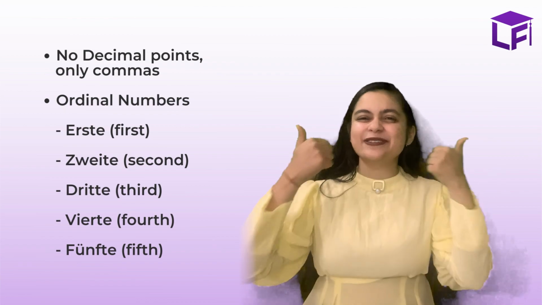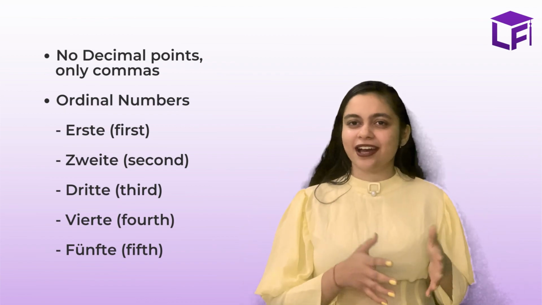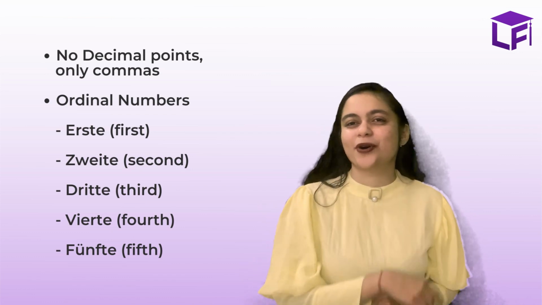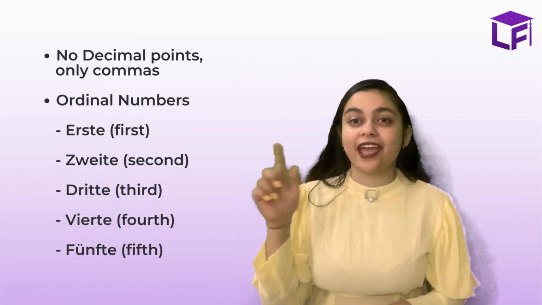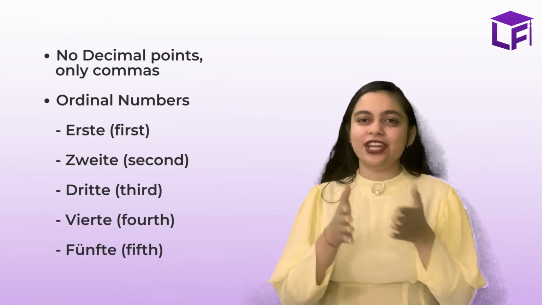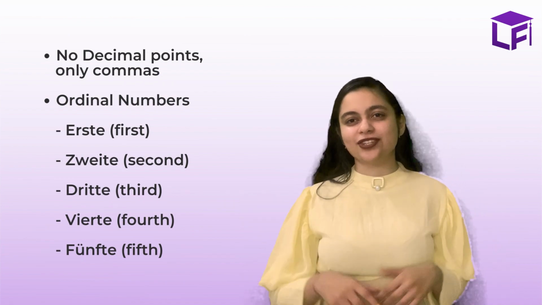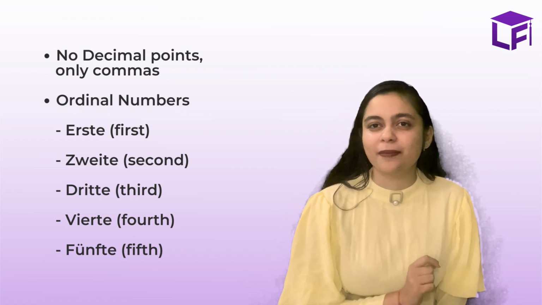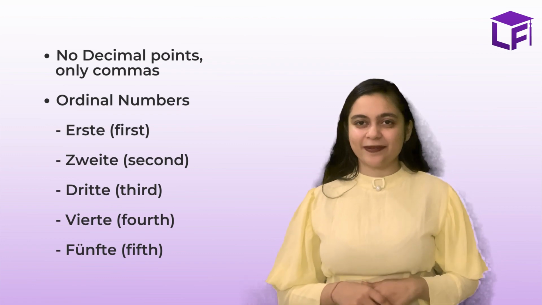Yeah? Superb. Now let me tell you. After third, fourth, fifth, sixth, seventh are super easy to form on your own. All you need to do is add a te towards the end of each number. I'll give you an example. So how do we say fourth in German? What is 4 firstly? In German, 4 is written and spoken as vier.